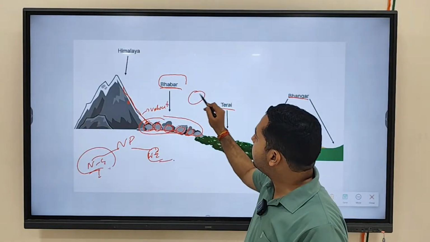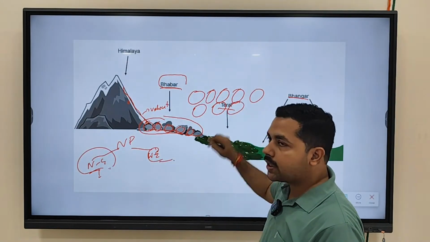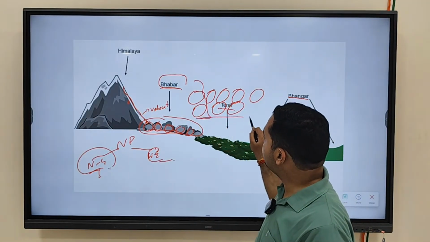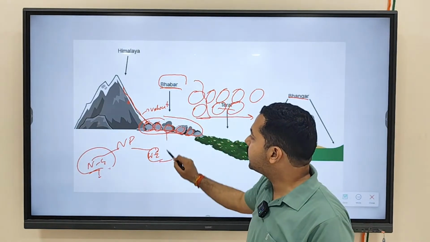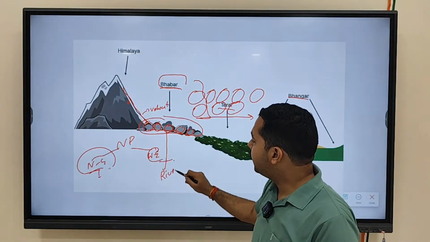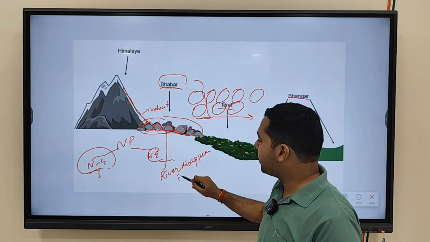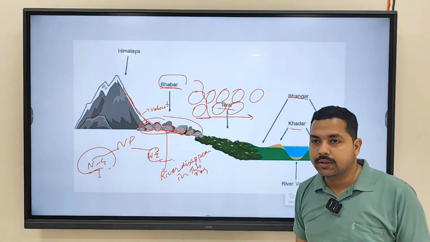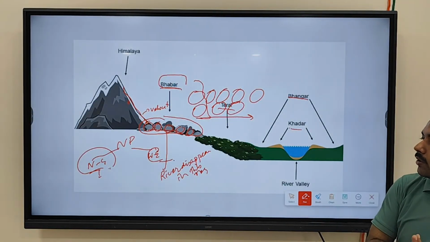Because the boulders are bigger in nature, the river will move below the boulders. That's why we say the river disappears in this region, because it is flowing below the boulders.